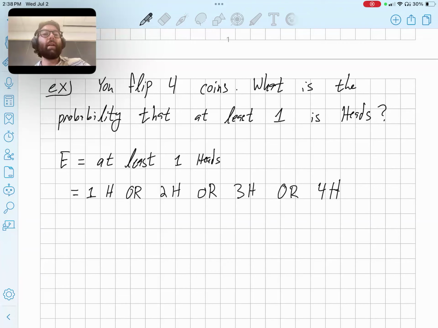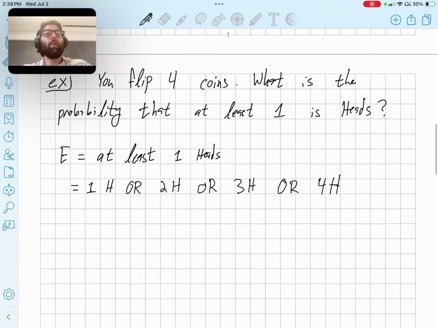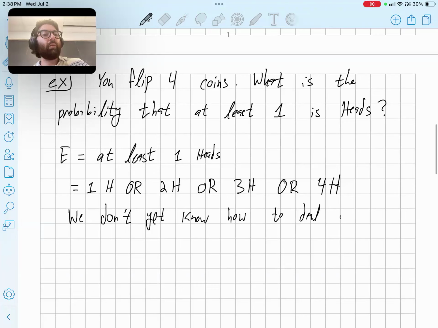And so we want to try to find the probability of getting 1 head or 2 heads or 3 heads or 4 heads. But we don't yet know how to deal with or. We know how to deal with and, we don't know how to deal with or.